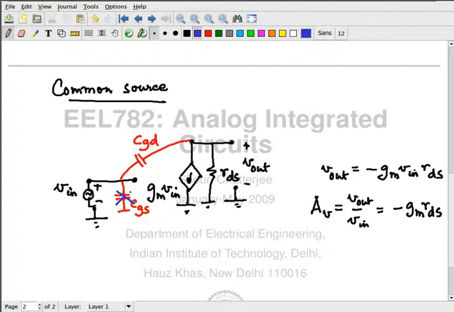What else is there? What else do we have? Drain to body. Let's say the body is at a constant voltage, which means that the body is at signal ground. So drain to body will be drain to ground.